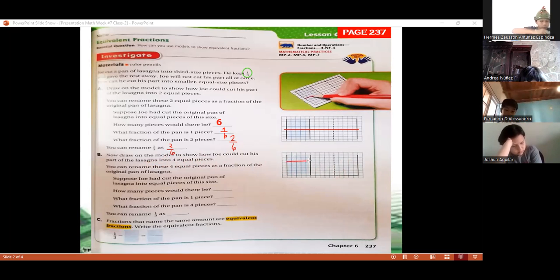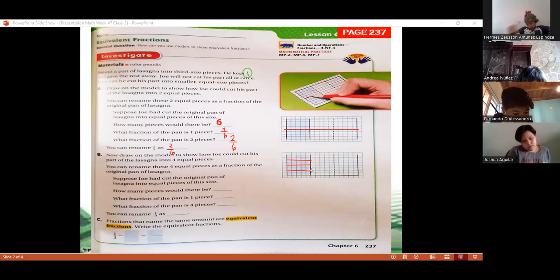I'm going to draw here 1, okay, let's see, 1 and 2. Again. We're going to draw here into 4 equal parts.